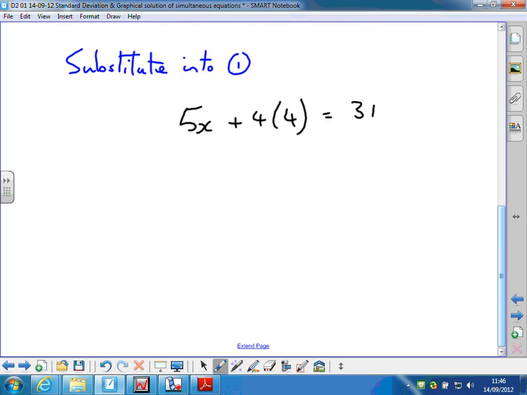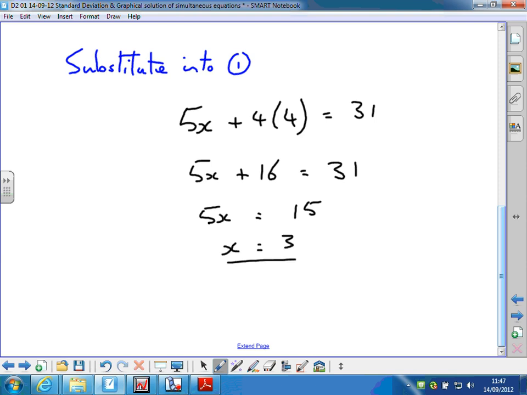So now I've got a little equation to solve. 5x plus 16 equals 31. So subtract 16 from both sides, leaves me 5x equals 15. Divide both sides by 5, x equals 3.